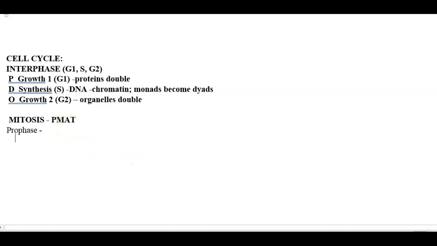I'm actually going to draw the pictures, and then a lot of what I'm going to do is fill in a little bit more. So, M. Meta actually means middle. So something is going to go in the middle, and it's the dyads that are going to go in the middle, and they're going to go single file. Metaphase.